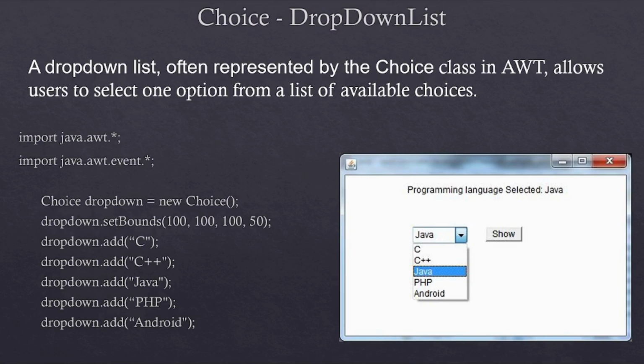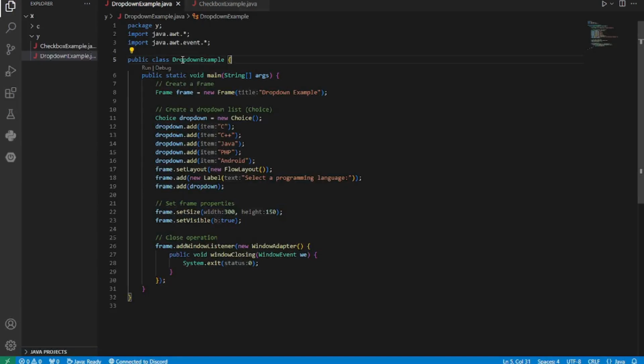implementation of the code. So this is the code for a choice. These are the imports which are needed to create the object, and then we are creating a new frame. Into this we are going to be adding all our components. So this is the creation of a choice. So you have choice, which is a class name, and then a variable is equal to a new choice.